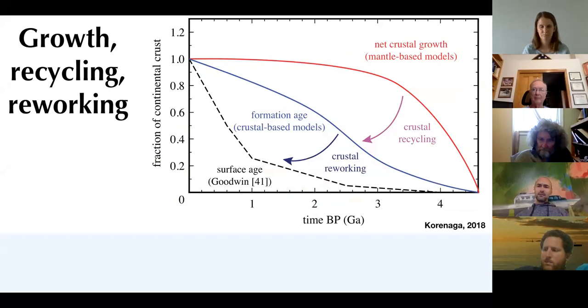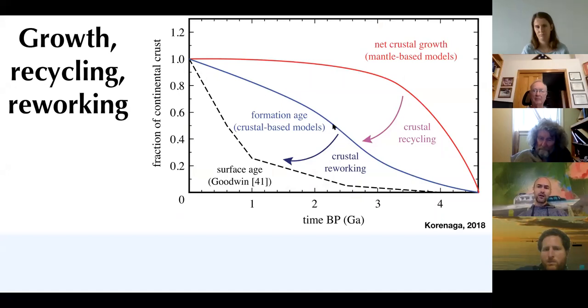And we can, I guess, view these different families of crustal growth models as representing net crustal growth models, the mantle-based models, or formation age models, which are based on the crustal-based models. And so what we're seeing from the mantle-based models is our net crustal growth. We then recycle that crust back into the mantle to get our formation age or our crustal-based models.